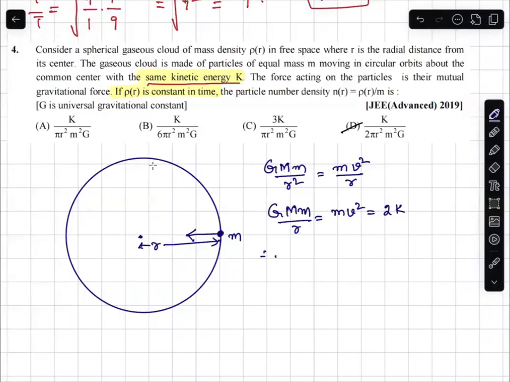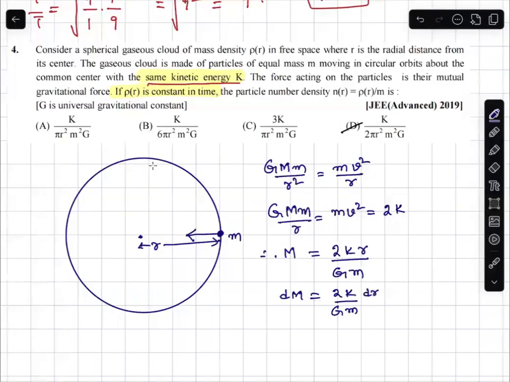Now, what is variable in that is capital M and r. These are variable. Rest everything is constant. So capital M is 2 k r by g small. Now dm is 2 k by g small dr.